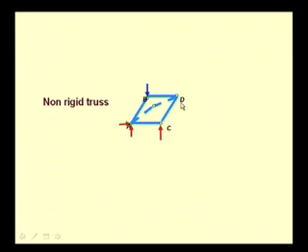So, here we see an example of a truss which is not rigid. Here we see these members AB, BD, CD and AC connected at A, B, D and C and supported by a pin joint at A and a roller joint at C. But under the action of this external force at B, this truss element deforms because a sufficient number of degrees of freedom have not been restrained.